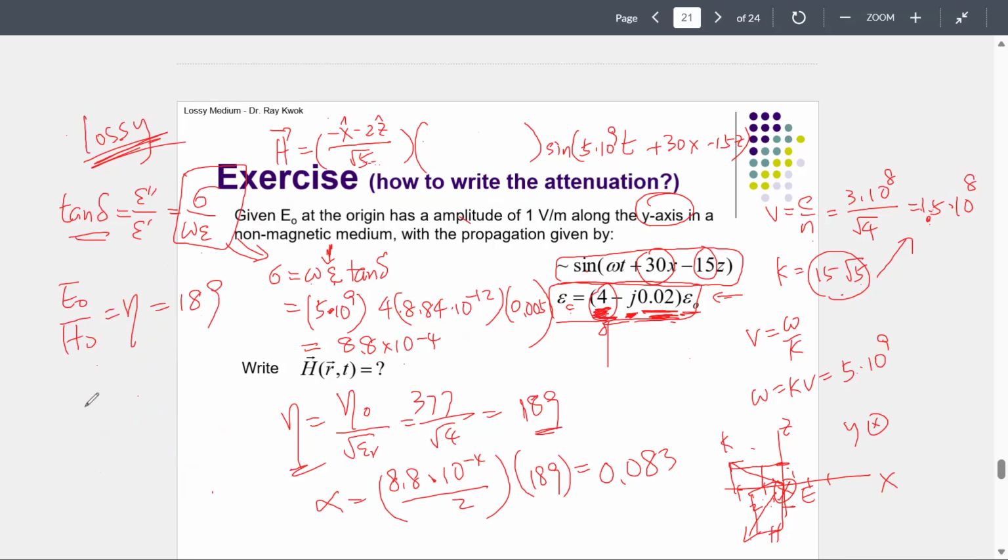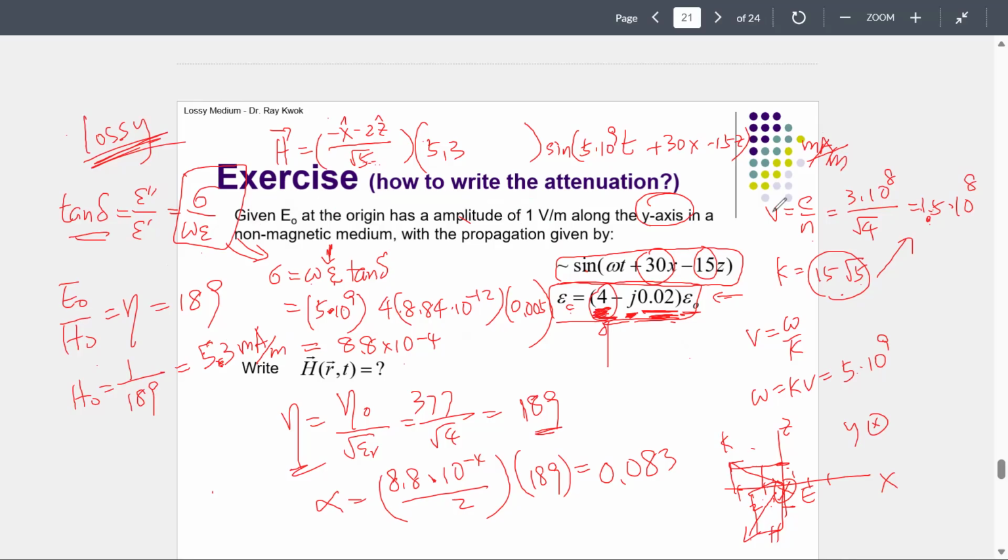So what is H naught? E naught, which is 1 volt, over eta, which is 189, which is, can you tell me what this is? Just write it as that. 5.3 times 10 to the minus, 5.3 milliamp per meter, right?